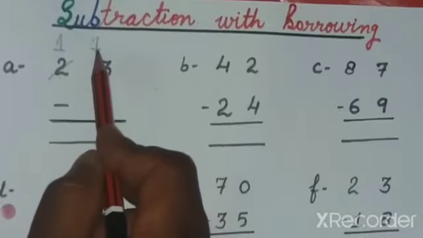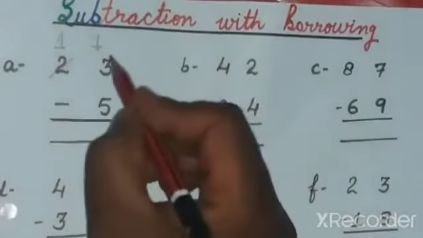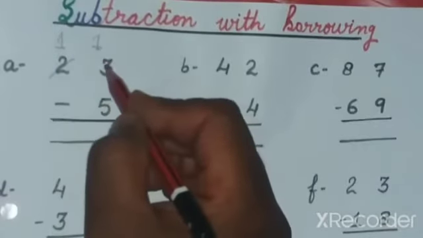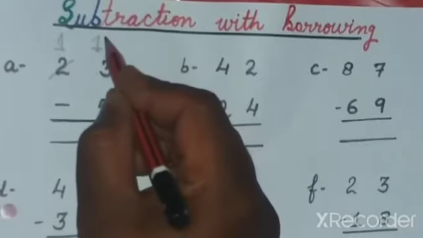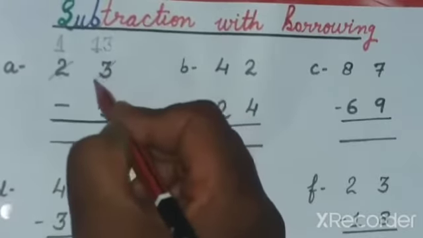So 10 plus 3 is equal to 13, and just cross it out.